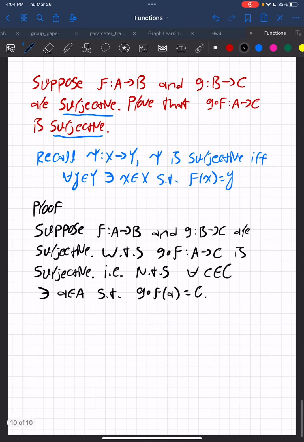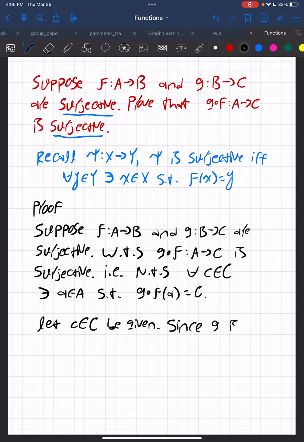Okay. So here is where we need to start utilizing our assumptions. We care about an arbitrary element of C. So why don't we say, let c in C be given. Okay, then we can use our assumptions. So we know that g from B to C is surjective.